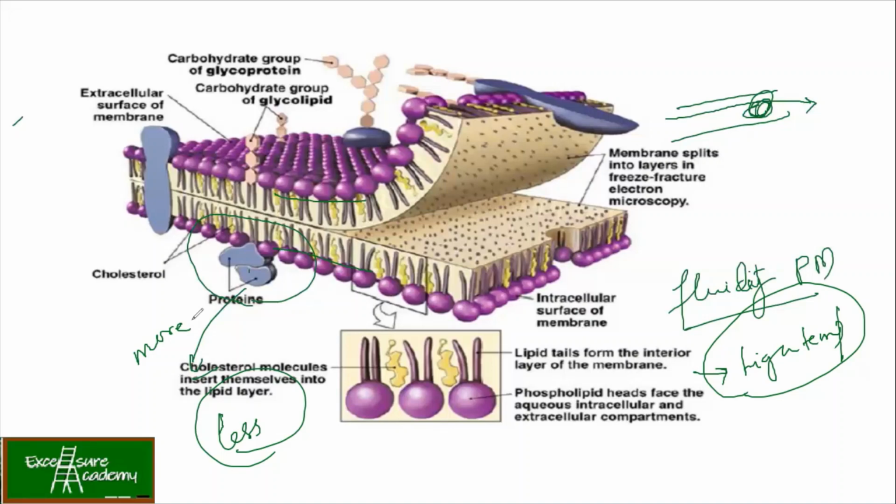I don't want that to happen. So the organism will understand and make more cholesterol to get inserted into the cell, so that it will have more fluid-like conditions. Then your cell will be in normal condition, okay? Understood, Shruti?